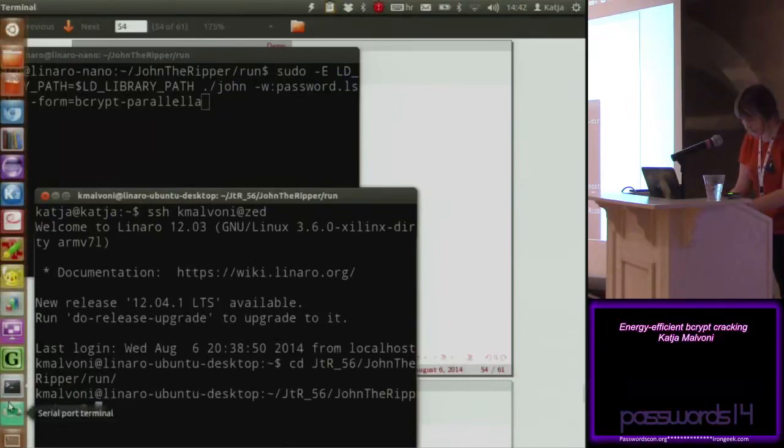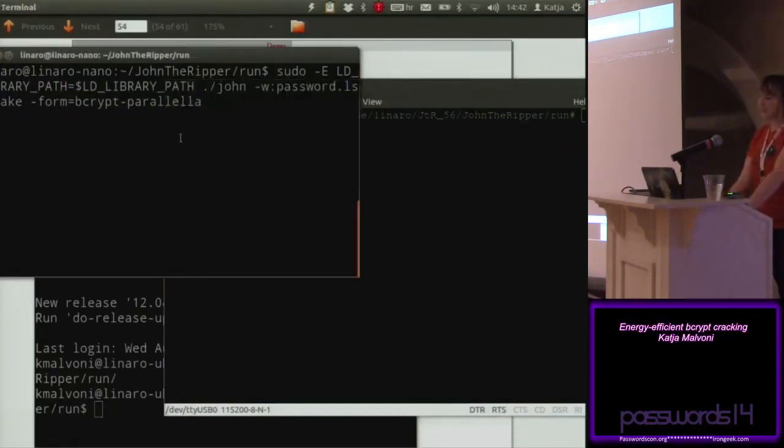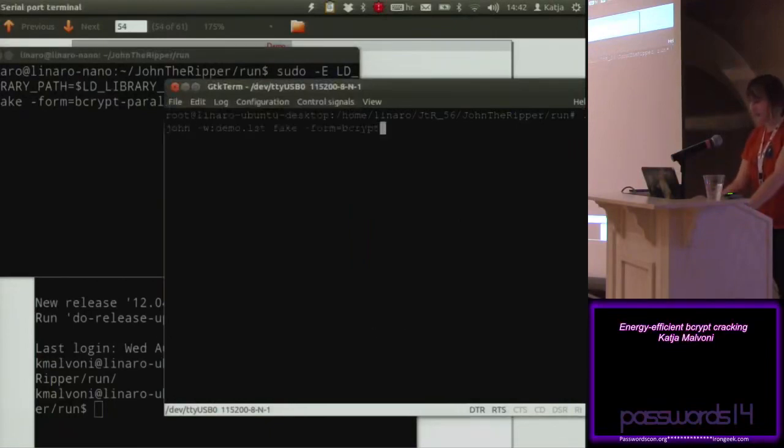And there is also a really big Xilinx Z706 board. I'll start the demos.